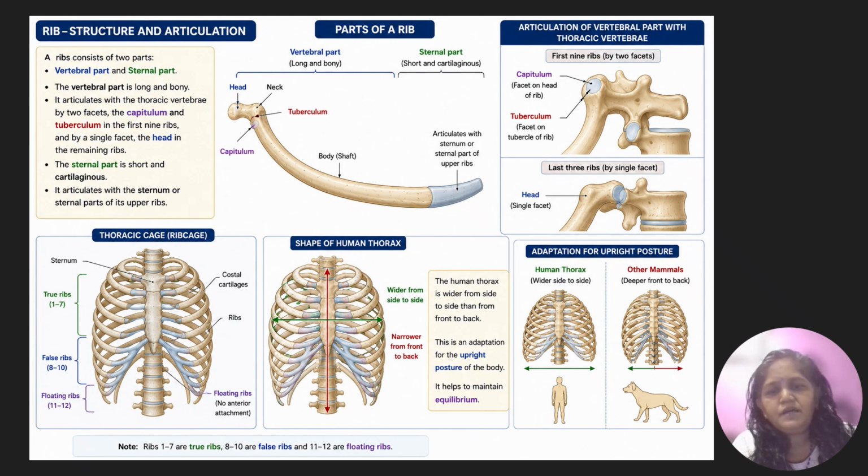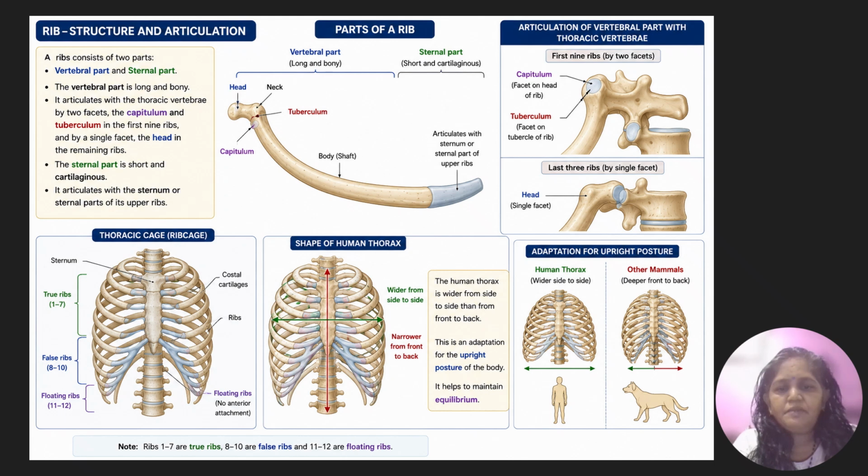Now, if I compare the human thorax with other mammals, the human thorax is wider from side to side, while in other mammals it is deep from front to back.